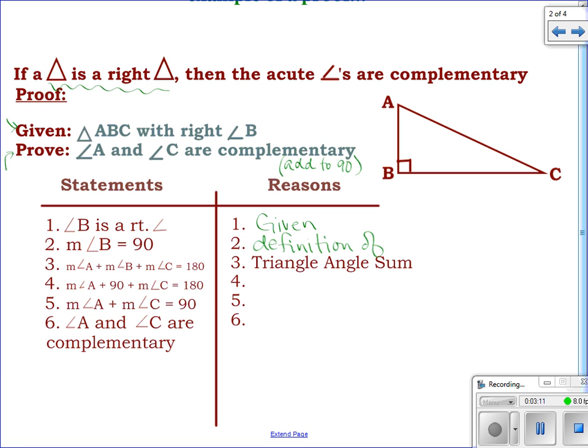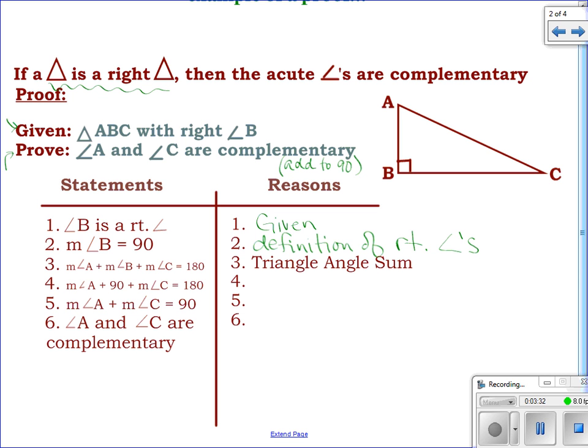What are we talking about here? Right angles. I'm going to abbreviate quite a bit because there's lots of writing. You are more than welcome to as well. Definition of right angles.